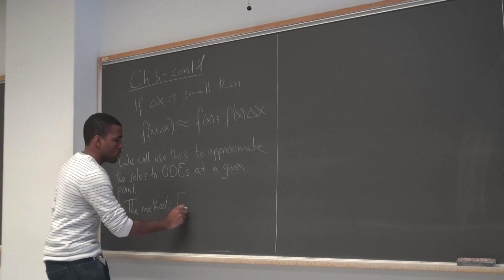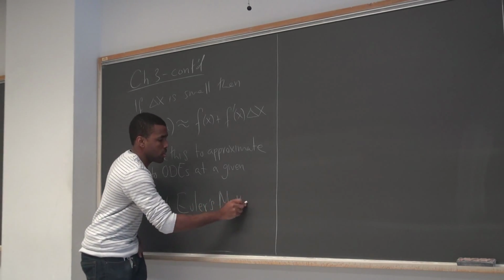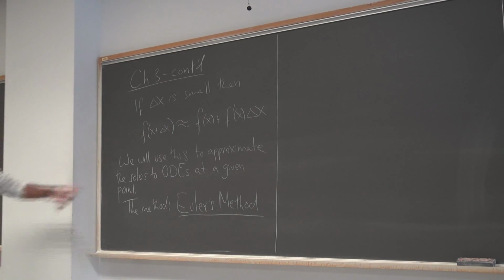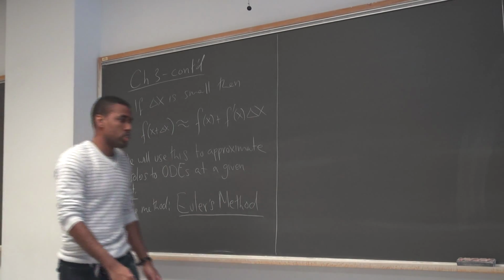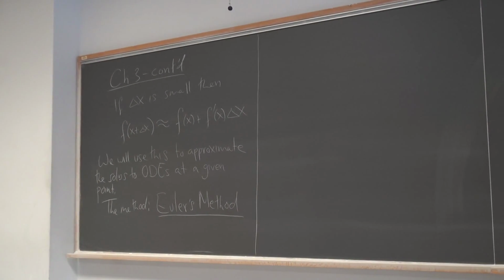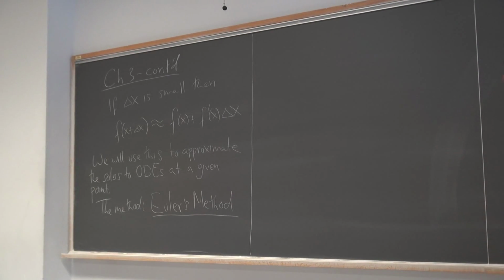The method is called Euler's method. And in Euler's method, we're going to basically be using this formula to sort of inch our way towards the solution. And remember, we don't really care about the solution on a whole, like the general solution as a function.